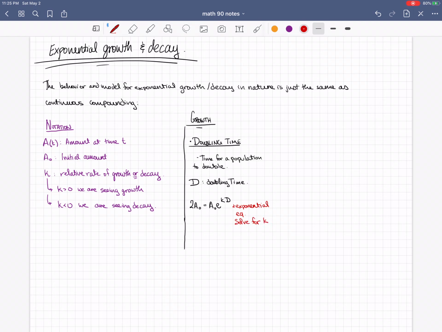So you can see very quickly, and I kind of hope that this reminds you of the conversations that we had with the money problems, that it doesn't matter what the initial size of the population is, because the very first thing we do is we divide both sides by A0. So we end up with 2 is equal to e to the power kd. So taking the natural log of both sides.